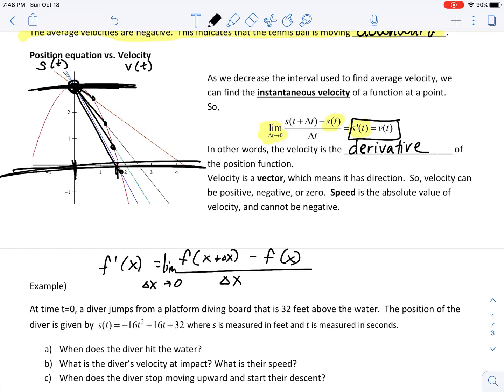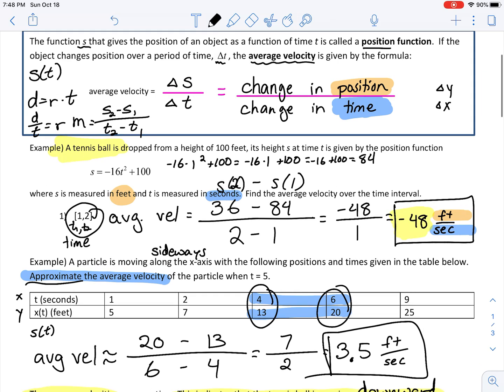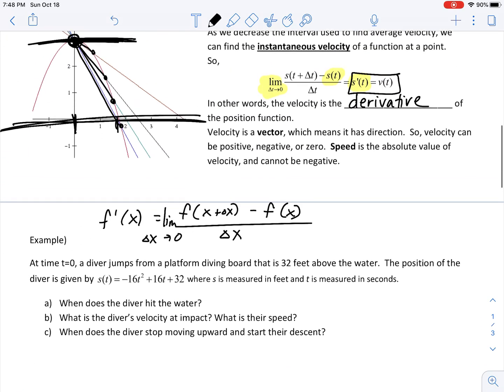So if you find the derivative of your position function, like your s prime of t, you can then plug in a single t value, a single point in time, and figure out what the velocity was at one single point in time, instead of up here where we were finding an average velocity between 2 points in time, so over some kind of time interval.